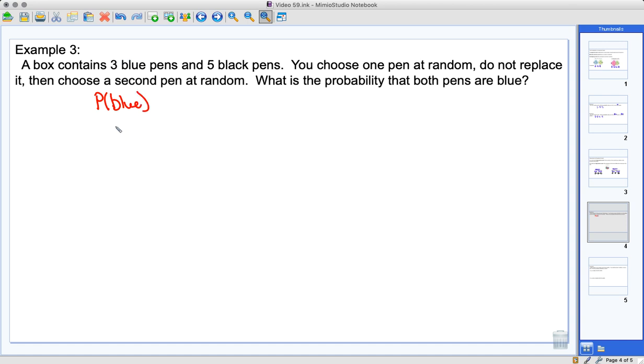So we got 3 total out of, there are a total of 8 pens. Okay, I keep that pen out. So that means there are 7 pens in there. And if I took a blue one out already, there are 2 left to choose from. So 3 times 2 is 6. 8 times 7 is 56.